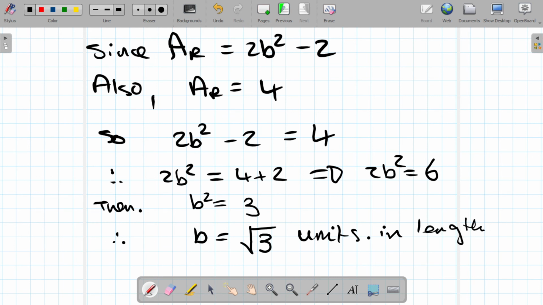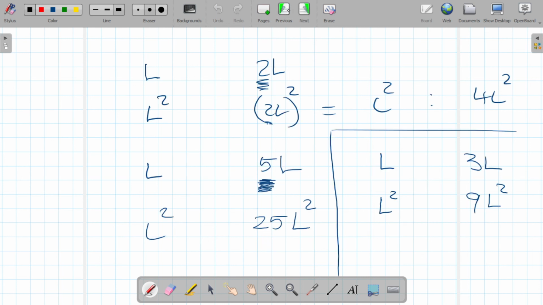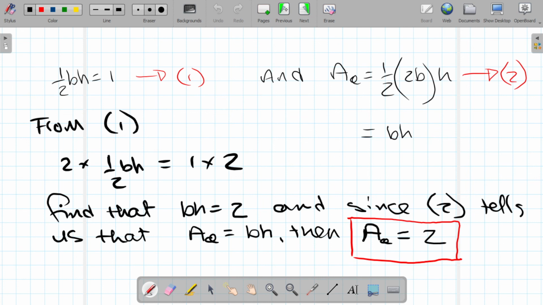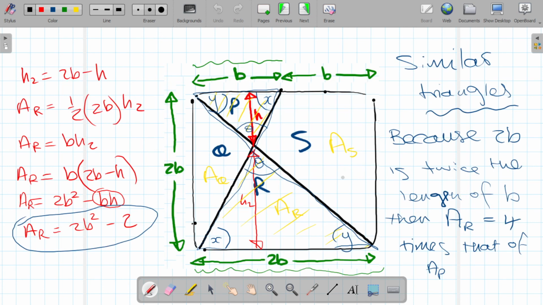Right? So how does that help us work out the area of S? Well, because we now know b is root 3.